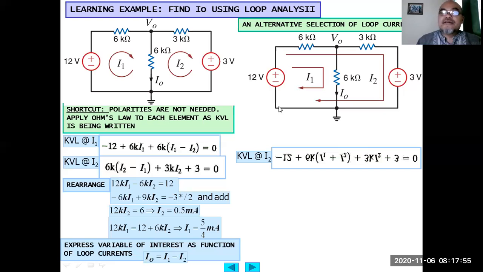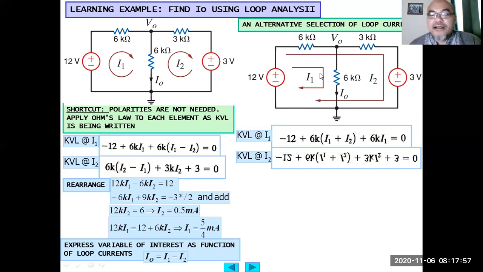Okay, so from here KVL at I1 will be minus 12, similar to the first way to solve the problem, minus 12 plus 6K I1. The difference now is that on the upper part, there are two loop currents flowing through the upper 6K, I1 and I2.